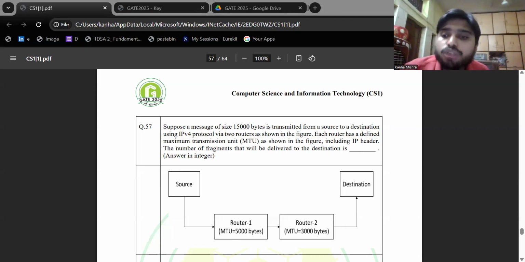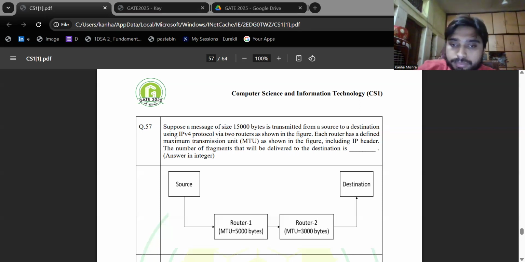The rules for fragmentation: the payload in each packet is the maximum transmission unit minus the IP header size, usually 20. The fragment offset must be a multiple of 8 bytes, and the last fragment can be smaller and does not need to be a multiple of 8. This was the prerequisite, and let's try to solve this question.